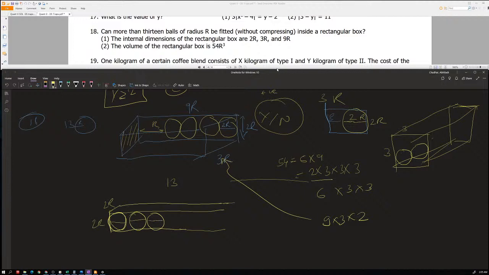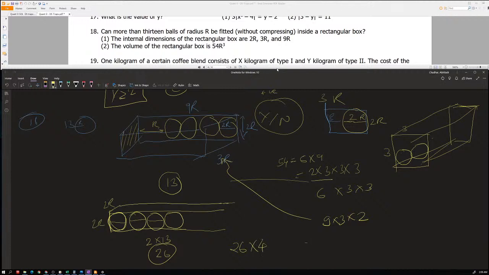Okay, and then I make it into this. I have to make it fit 13 balls. This is the best scenario I'm seeing. So to fit 13 balls, this will become 2 into 13, which is 26 at least. At least easily take 26R. So 26R into 4.